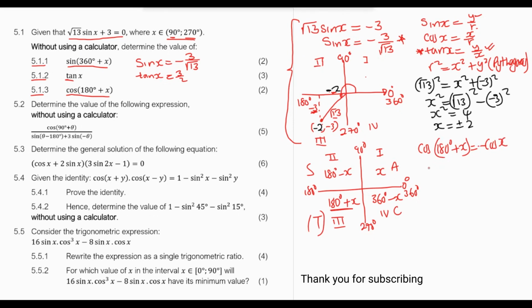Cos x is x over r. Our x here is negative 2, and our r is square root of 13. So it's going to be negative, then negative 2 over square root of 13. Then it becomes positive 2 over square root of 13. That is negative cos x.